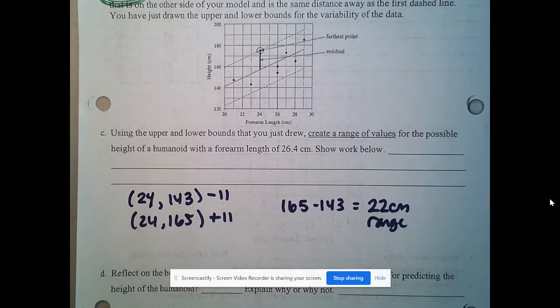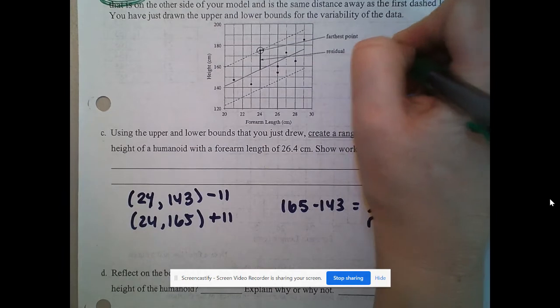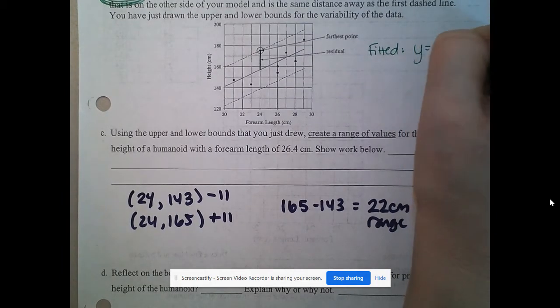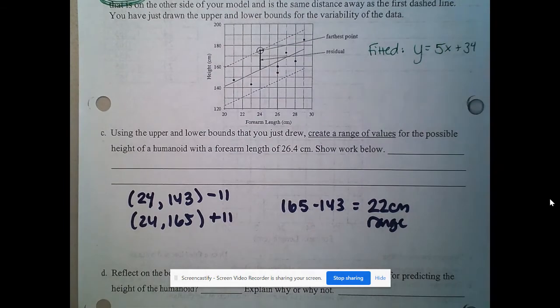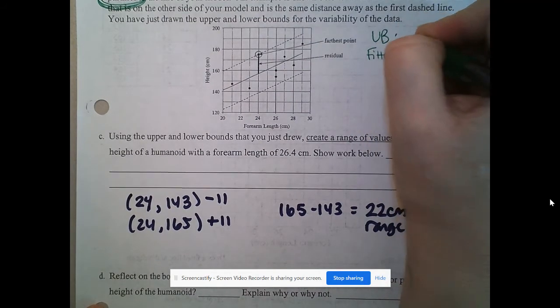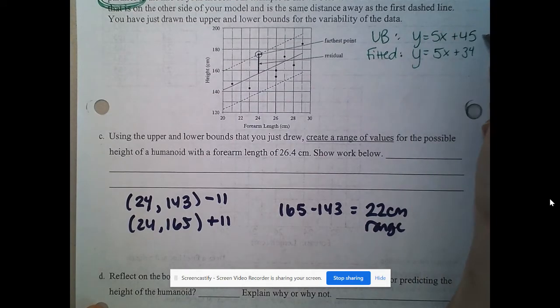Now, the other thing that you can do is you can do the same thing with the equations. If our fitted line equation was y equals 5x plus 34, and we're saying, oh, but it might have been 11 higher, so if I raise this by 11, our upper bound might have been y equals 5x plus 45, which would be 11 higher.